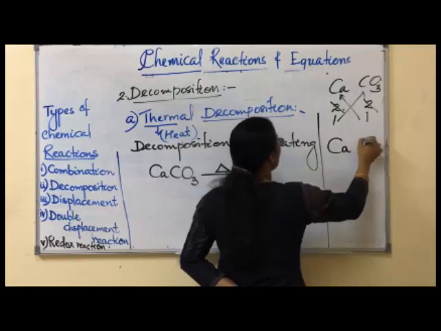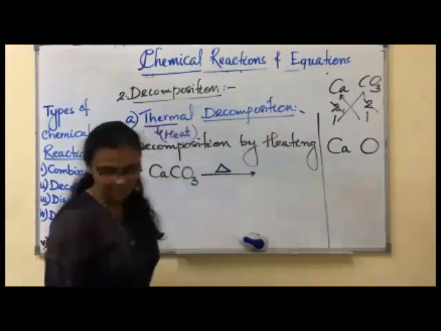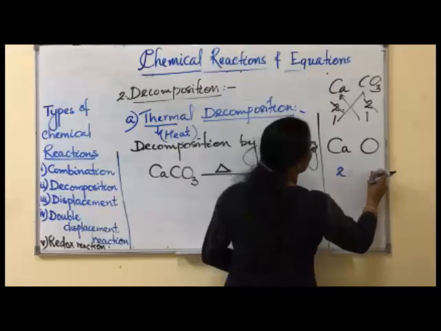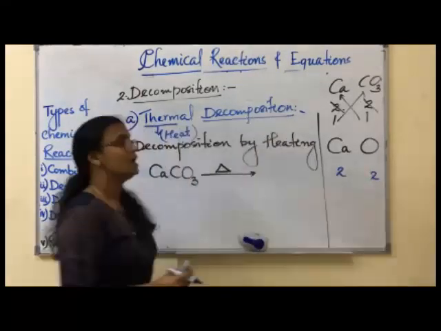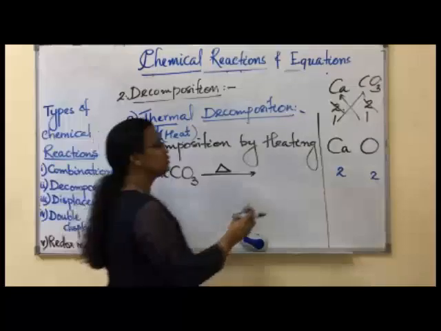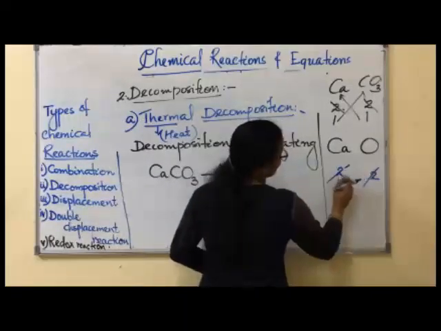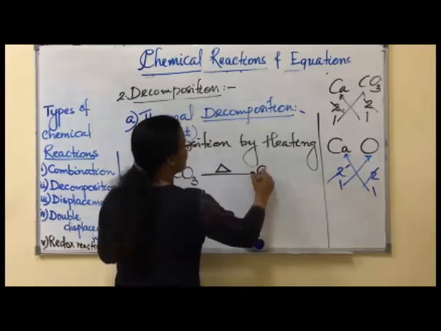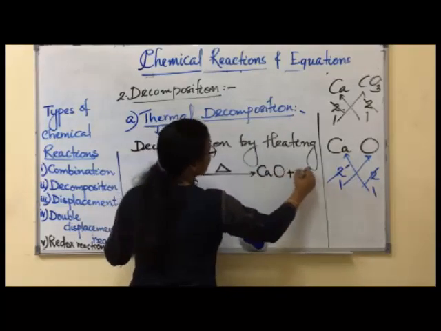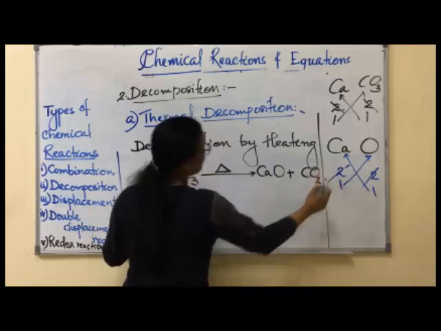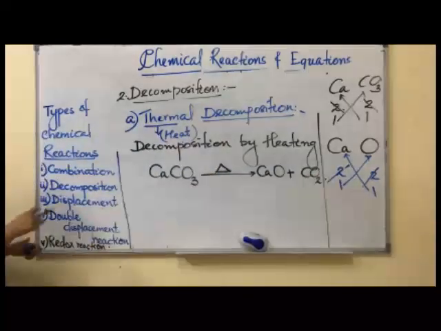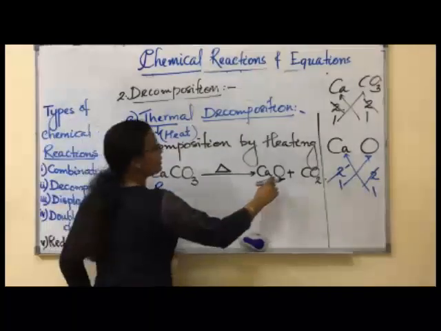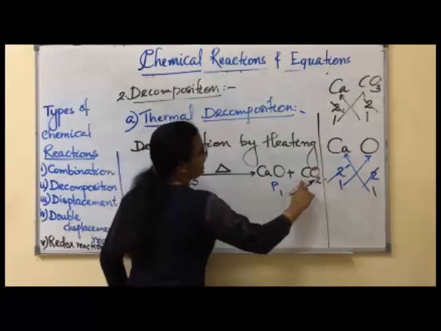For calcium oxide, I don't know the molecular formula, so I am writing calcium and oxygen. Calcium is in group 2, valency 2, oxygen is in group 6 or 16, valency 2. So cancel 1 and 1, crossover the valency. The formula is CaO, calcium oxide, and carbon dioxide. Here there is only one reactant, and the reactant is converted into two products, P1 and P2.